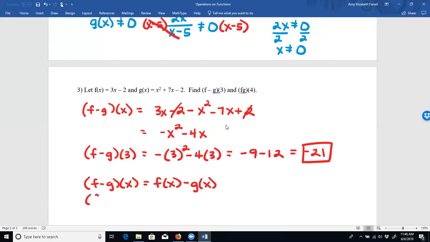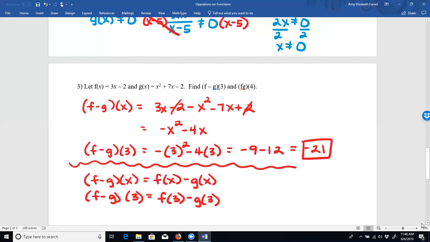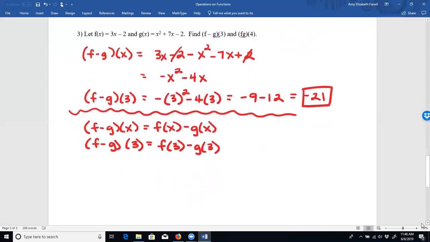So it would follow then that f minus g of 3 would just be f of 3 minus g of 3. So I should put kind of like an or. You could do it this way, or you could do it this way. And I feel like the second way is going to be faster.